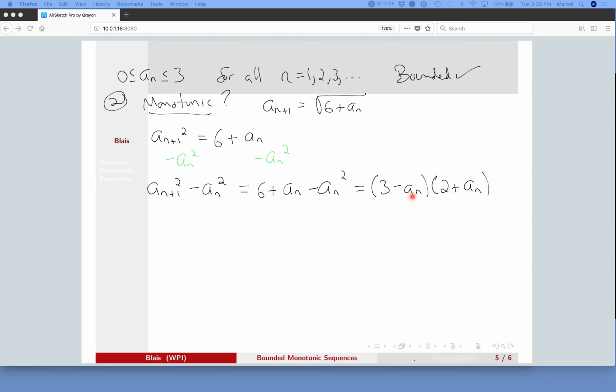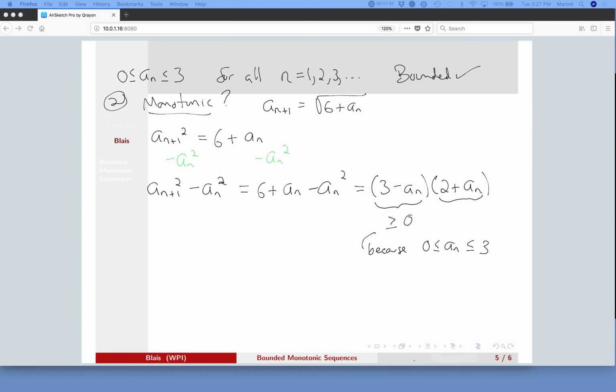If a sub n is between 0 and 3, we are subtracting from 3 a number between 0 and 3, which means this term here is greater than or equal to 0. Again, that's because 0 is less than or equal to a sub n is less than or equal to 3 by our previous analysis.